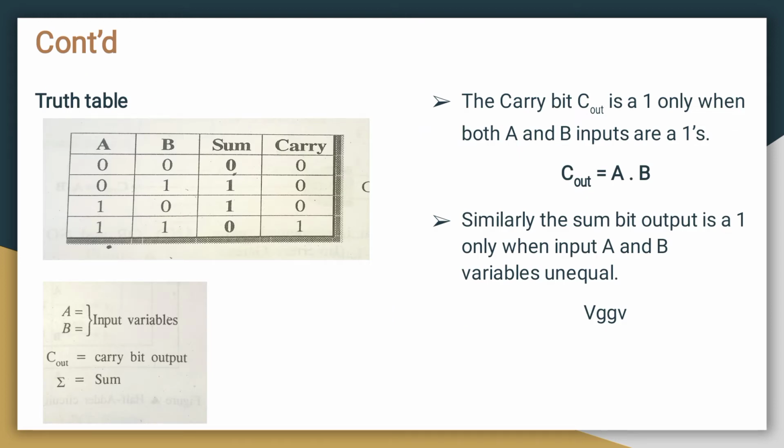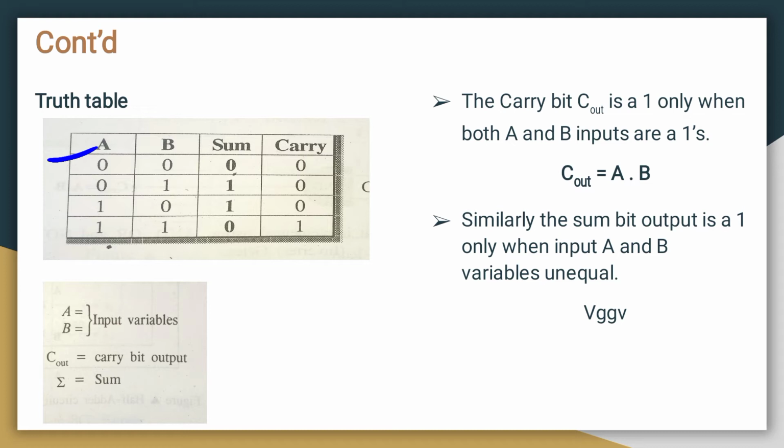So this is the truth table. Already defined in the previous slide, that is the sum and the carry. If I give the input 0 0, then the sum is the XOR of it. We already studied that the XOR gate works such that if the two inputs are the same, then the output is 0.